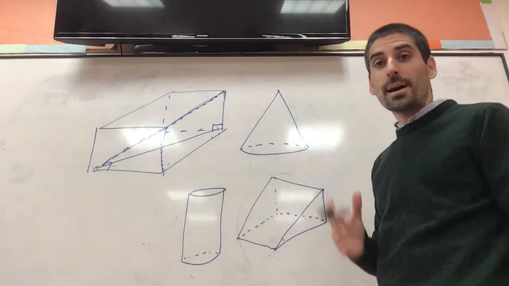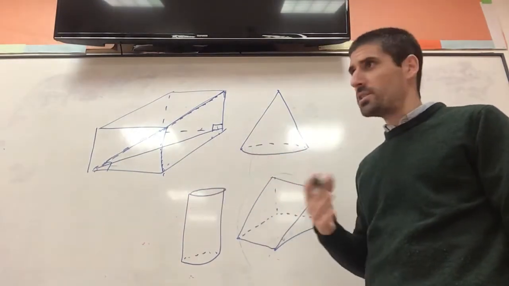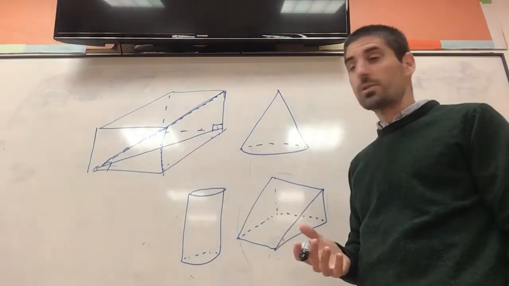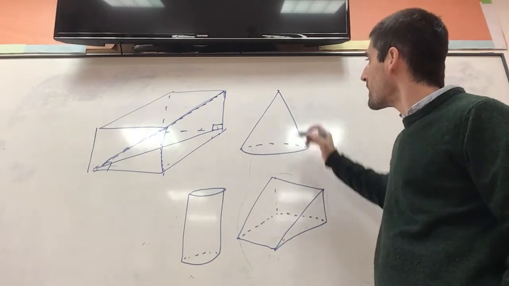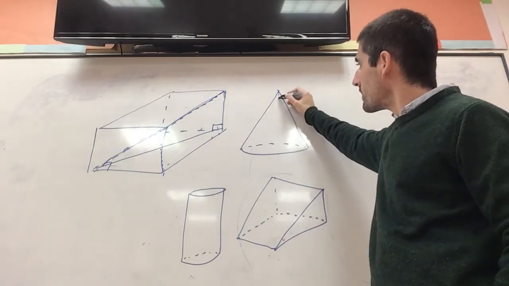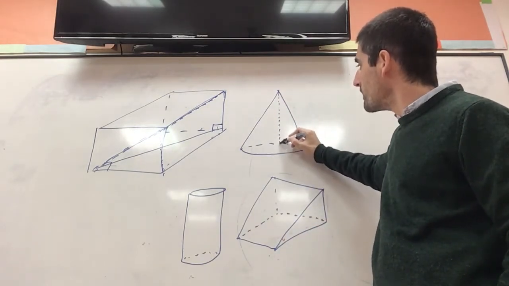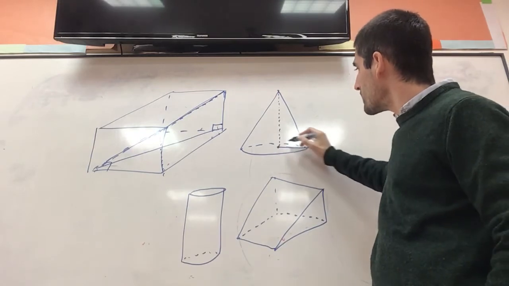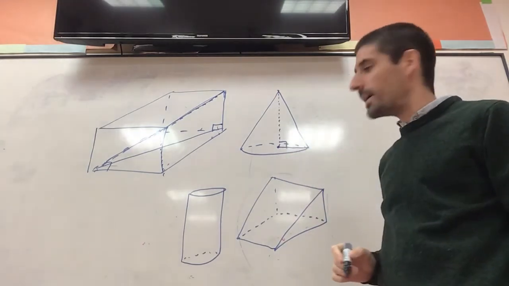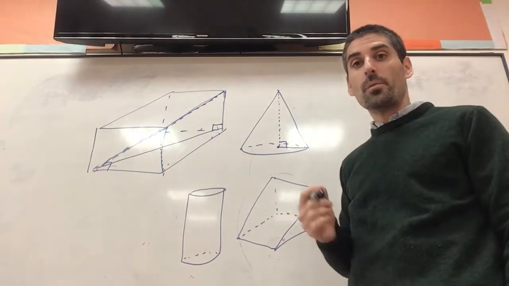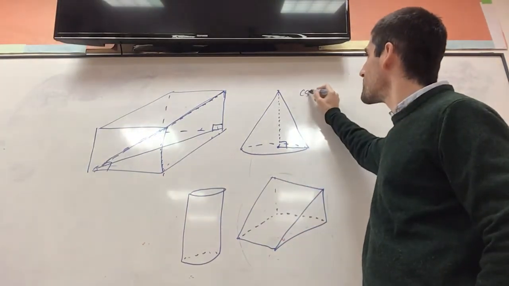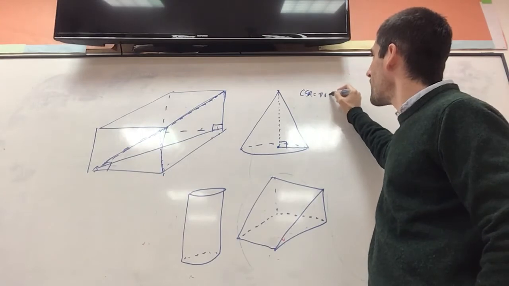In a cone, and this is what we weren't able to do back in chapter, whatever it was, 12, there is a hidden right angle triangle here. This is the vertical or the perpendicular height of the cone. That would be the radius, so I have a right angle triangle here. So if they wanted me to find the curved surface area, remember, the curved surface area of the cone is pi RL.